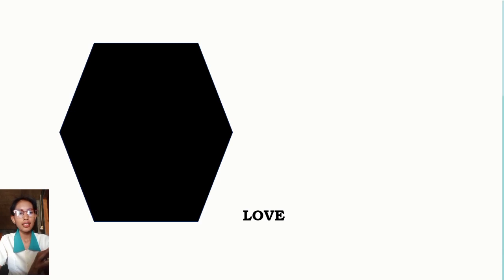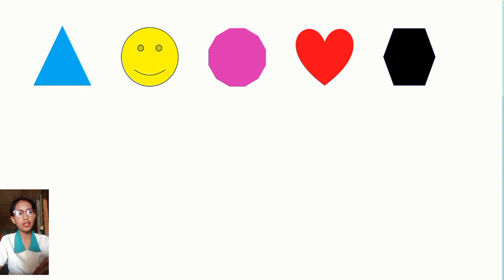Now, class, can we identify what are the figures with side and without a side, or the figures that have no side? So, kanina, nagpakita ako ng mga figure na sinagutan natin ng love at like sign.